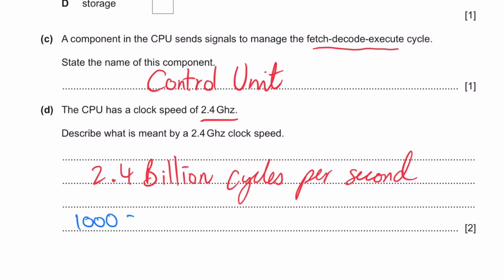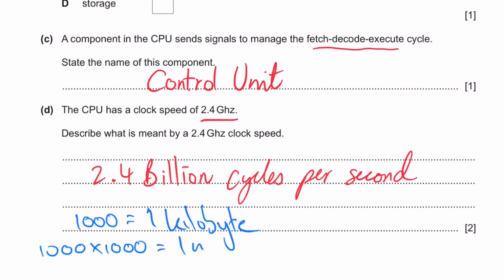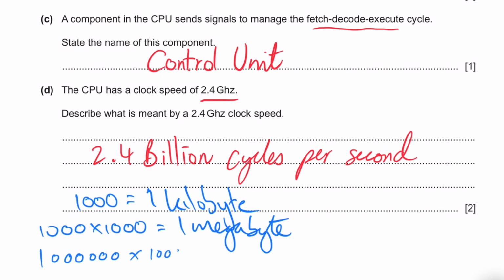So 1,000 equals 1 kilobyte, 1,000 times 1,000 equals 1 megabyte, and 1 million times 1,000 equals 1 gigabyte. Kilobyte, megabyte, gigabyte, times by 1,000 each time. So 2.4 billion cycles per second.